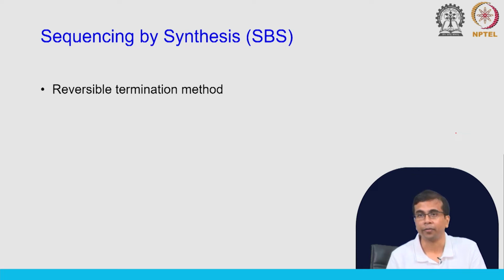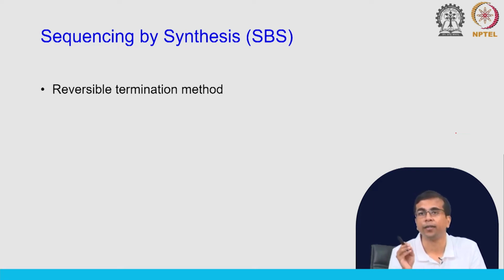We have seen dideoxy termination in the case of Sanger sequencing. Here we have reversible termination, which means once these modified bases bind to the complementary strand that is being synthesized, they will block the synthesis process, but with the subsequent wash and release step they can be removed again. So, it is not an irreversible termination.